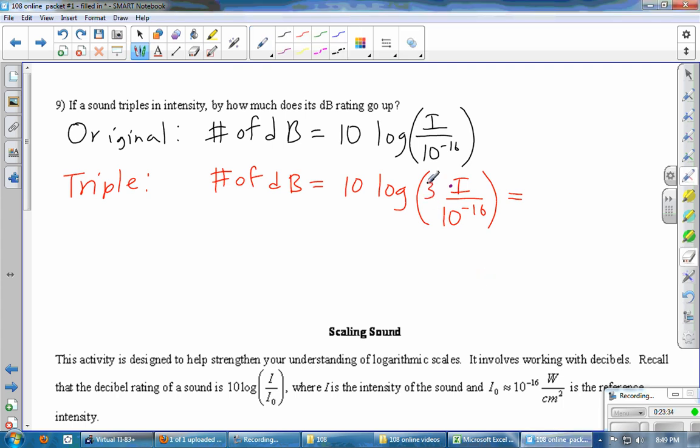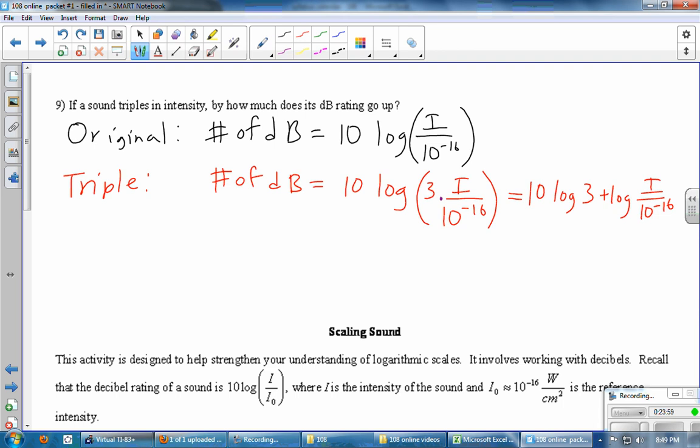So it's 3, then I'm going to put this dot here, just so we can really think of that 3 as being in the front, being multiplied by that whole fraction. It's equivalent to what it used to be. But now it should be hopefully clear that we take the log and we split it up into the sum of 2 logs, log of 3 plus log of I over 10 to the minus 16.